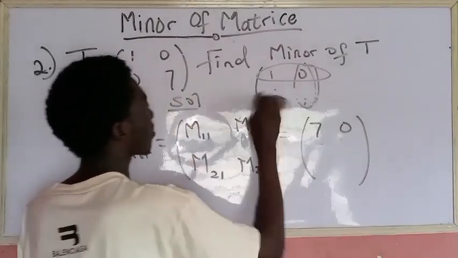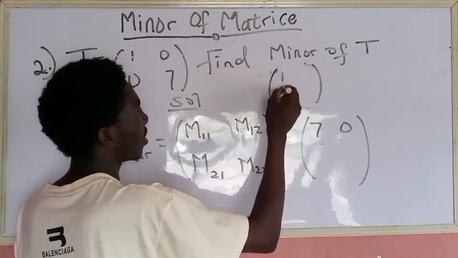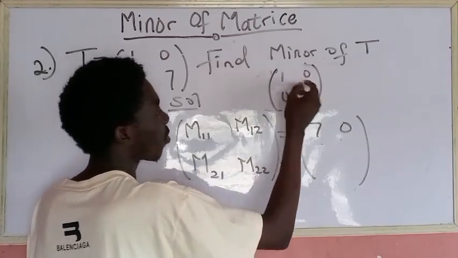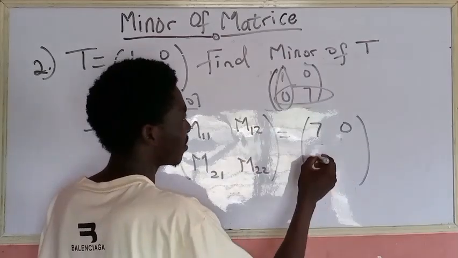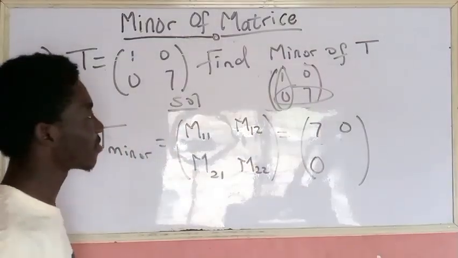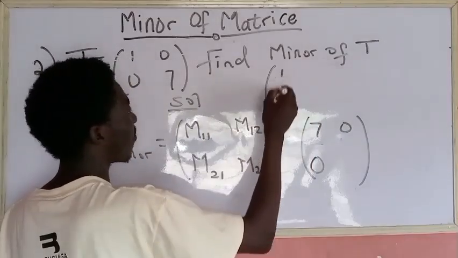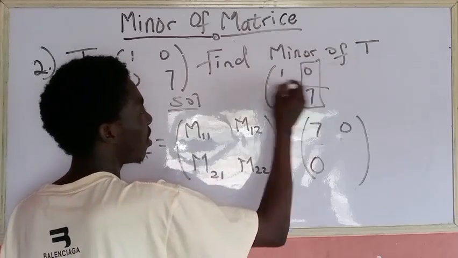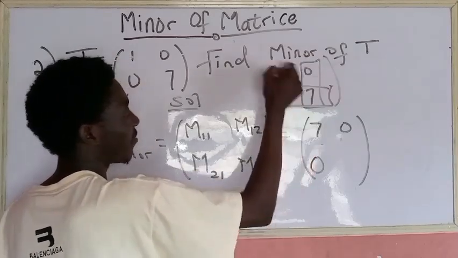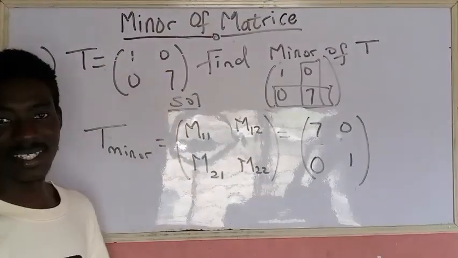Next one, 0 occupies this row and this column. I'm left with a 0. So I'll put a 0 there. Good. Next one, for this, 7 occupies this column and this row, and I'm left with a 1. So that is the minor of these matrices. Are you getting that?